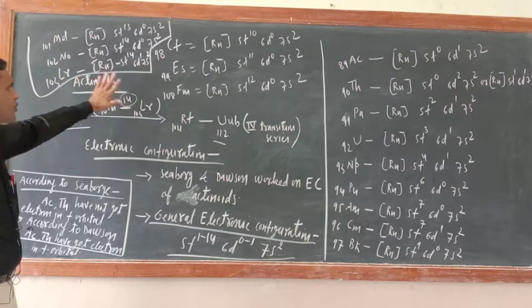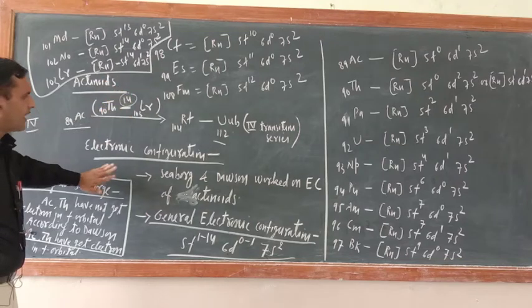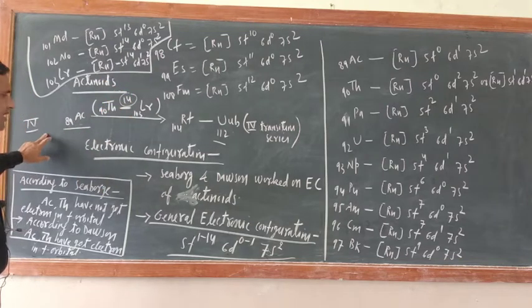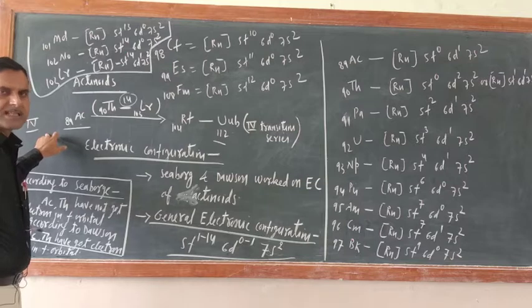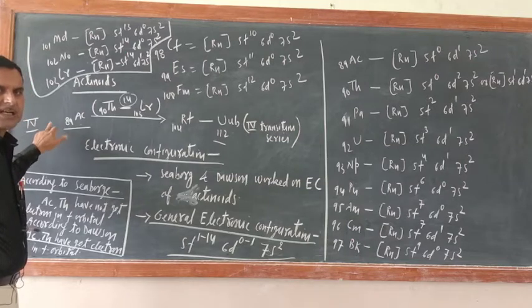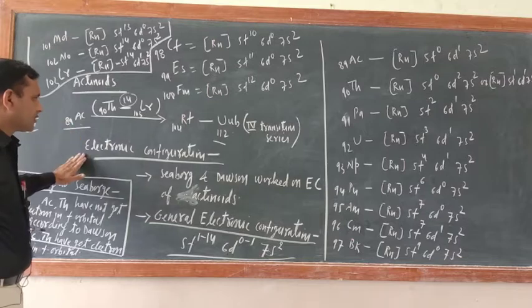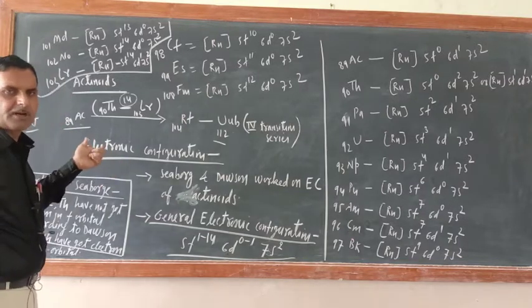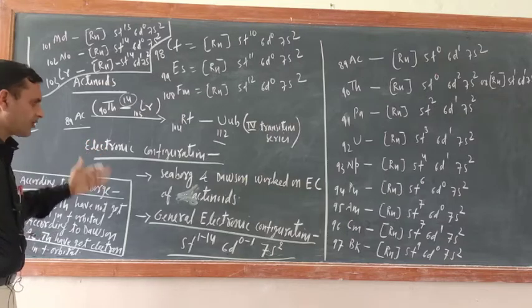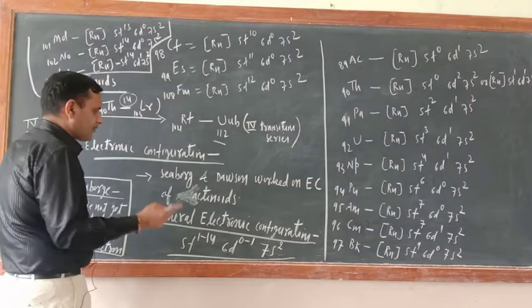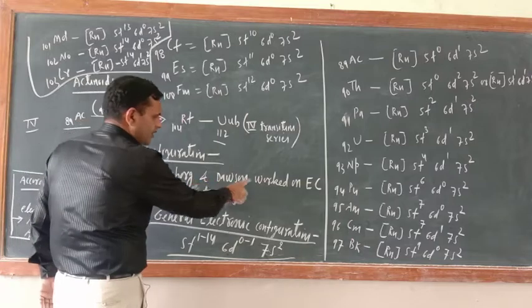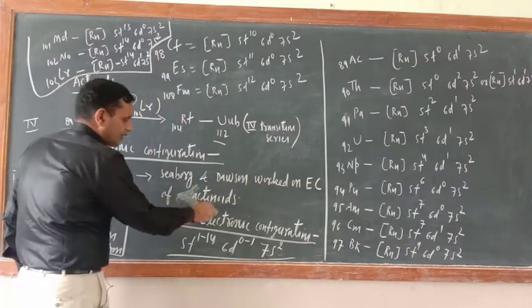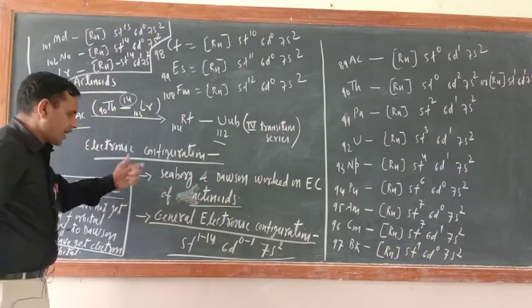Just see here, so many things I wrote, one by one I will explain. The first important thing is they are found inside the fourth transition series. Their last electron enters in the 5f orbital. There is a controversy in the electronic configuration of actinides. Two scientists, Seaborg and Dawson, worked on it.